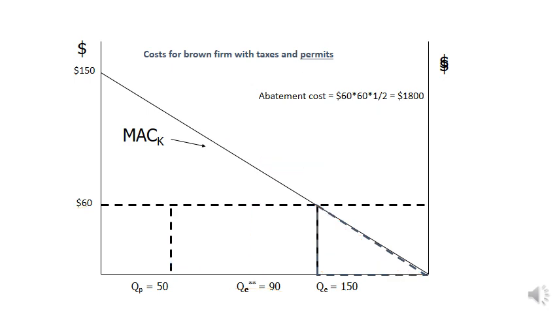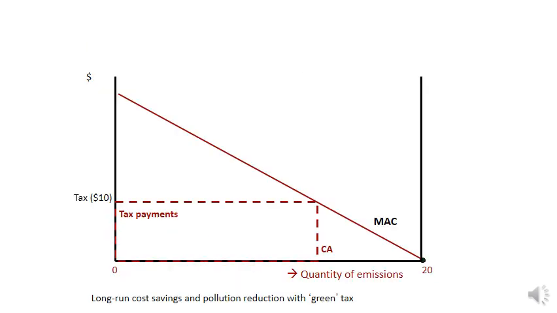So now, because the government has given us the right to pollute through these permits, we are abating pollution the same amount in a way that raises revenue for the green firm and in a way that is less costly to the brown firm. This raises an important question for the brown firm because they're still paying something. It's still costly to them to abate this pollution and buy these permits, or in the other scheme, pay taxes. The brown firm is now asking themselves, should we go green?